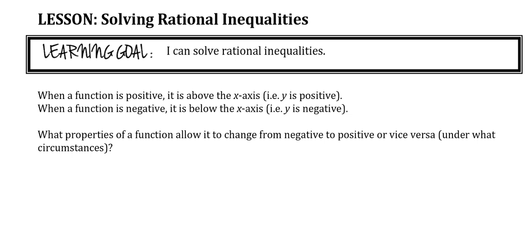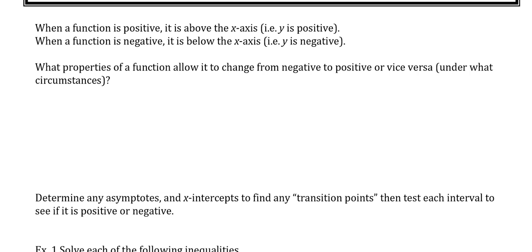Asymptotes! Isn't an asymptote a place, a vertical asymptote, where if I just picture a graph that looks like this, okay, and here's part of it, and then here's my asymptote, and here's the other part.